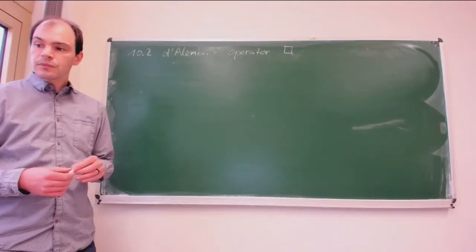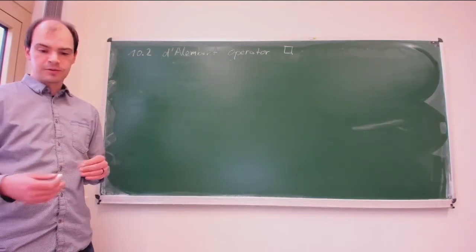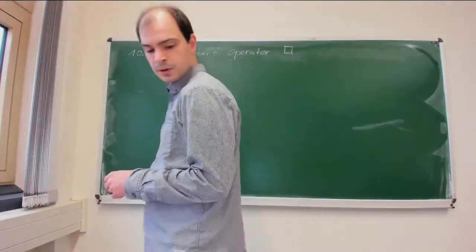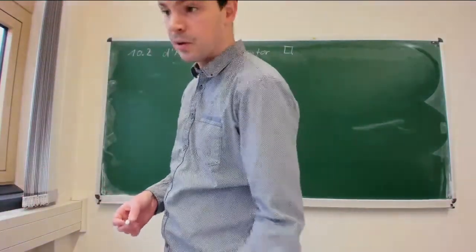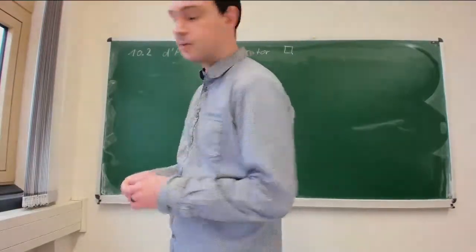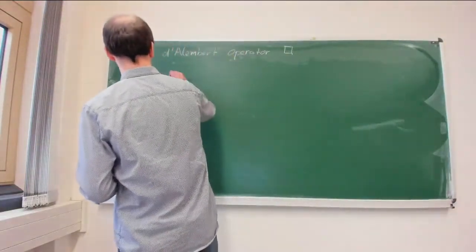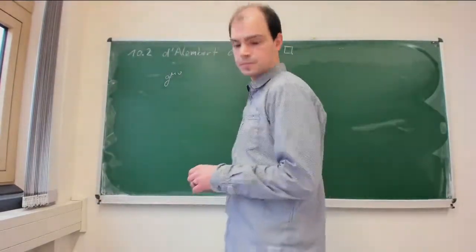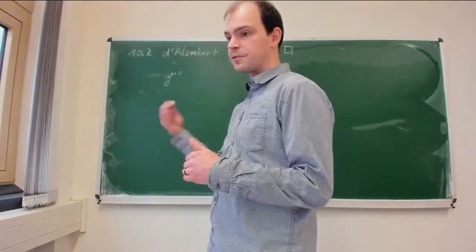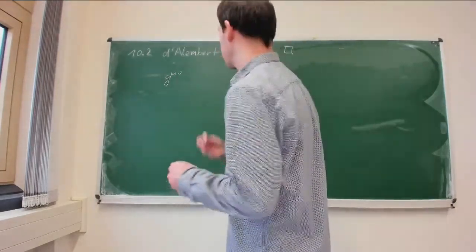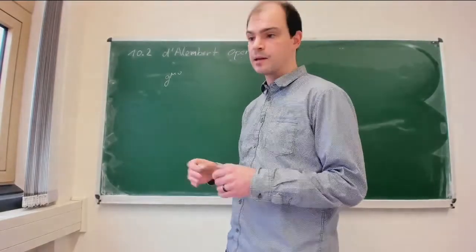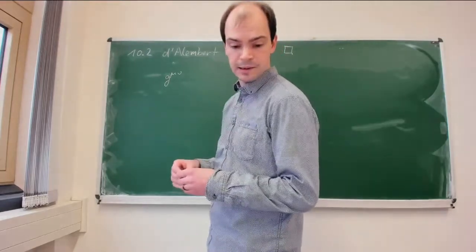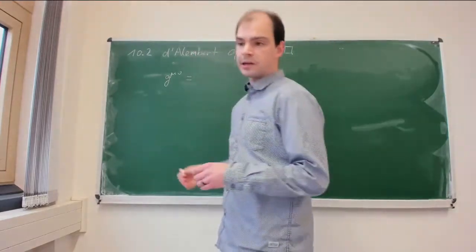And in order to get an expansion in powers of 1 over c also for the D'Alembert operator, we make the following ansatz for our metric, or rather for the inverse metric. This is the crucial first step. We expand our field phi as we just did before, as a power series in 1 over c squared, or 1 over c in this case. But we also now expand the metric.